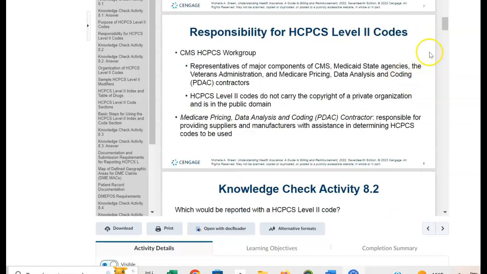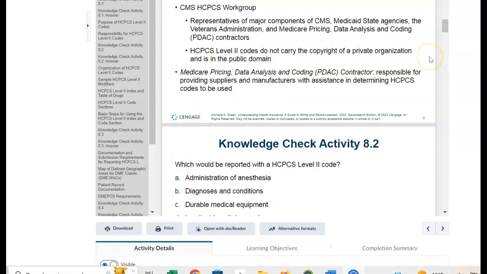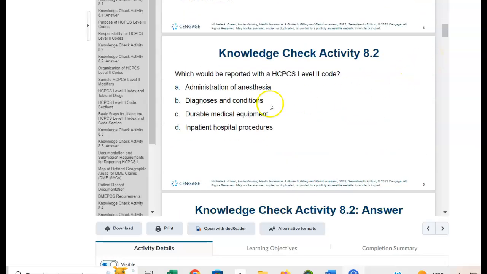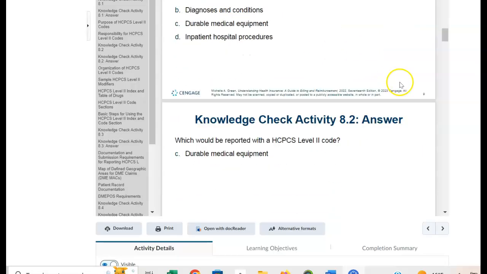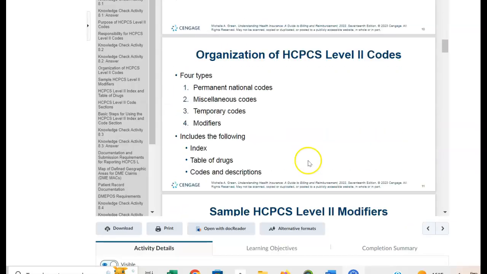All right, so the responsibility of HCPCS level 2, it represents major components of the CMS, Medicaid state agencies, the VA, Medicare pricing, data analysis, and coding contractors. All right, so which would be reported with HCPCS level 2 code, and that's going to be C, durable medical equipment.